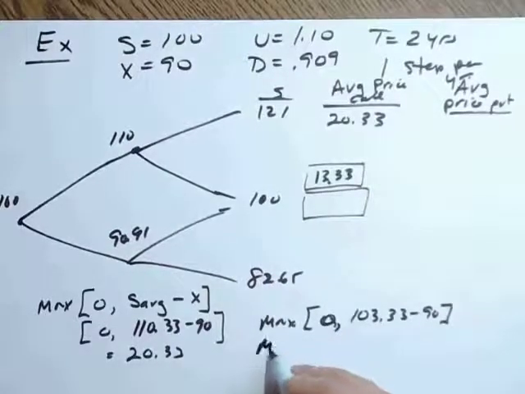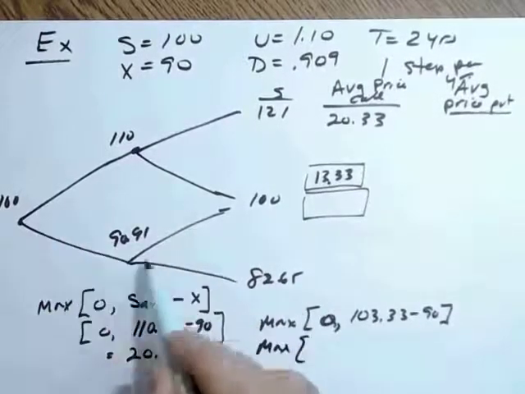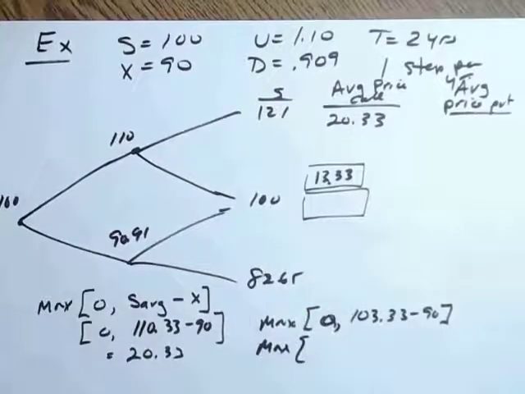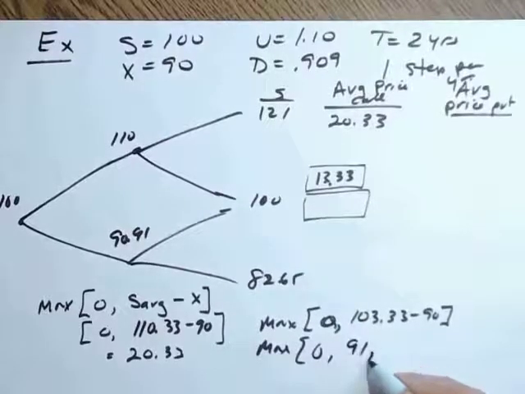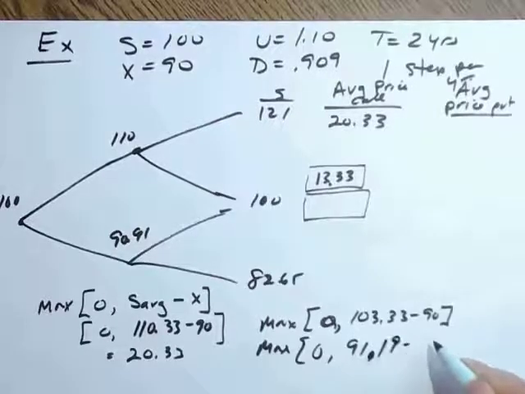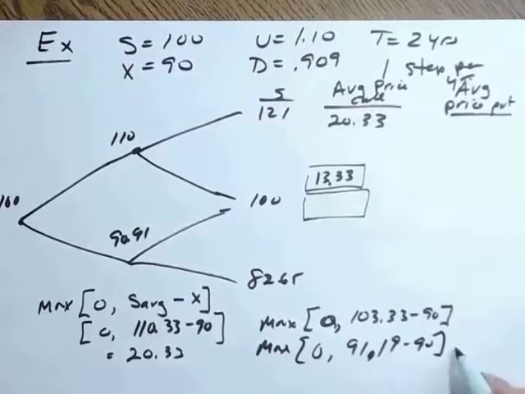The average for this is going to be 100 plus 90.91 plus 82.65 divided by 3, and we get an average of 91.19 minus 90. That happens to be $1.19.